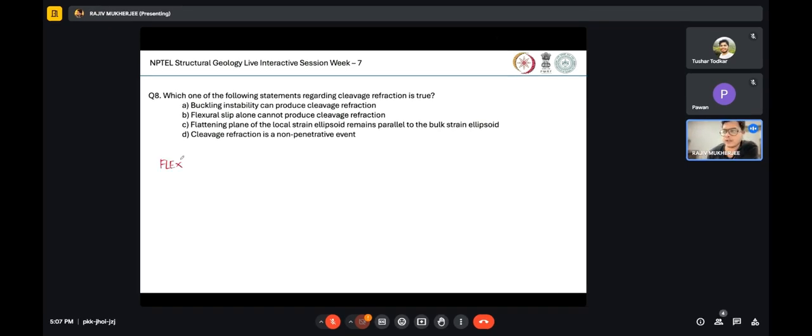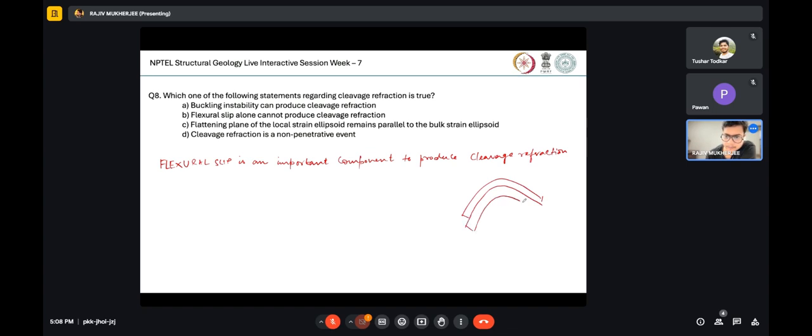So which one of the following statements is true? Flexural slip is an important component to produce cleavage refraction. That means if I have two layers, and if flexural slip is not occurring within the layers, then I cannot form the cleavage refraction.